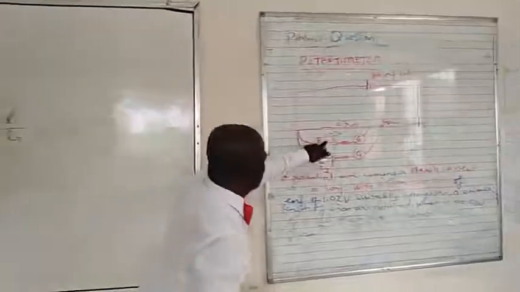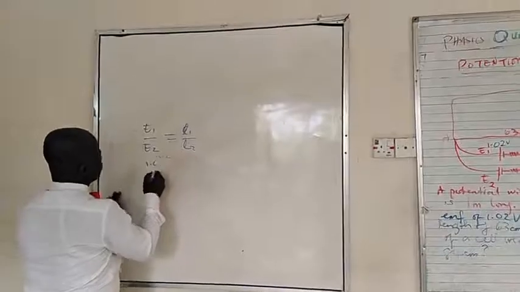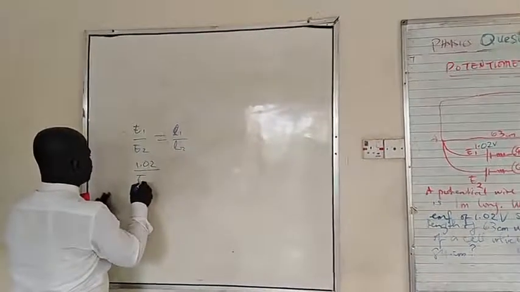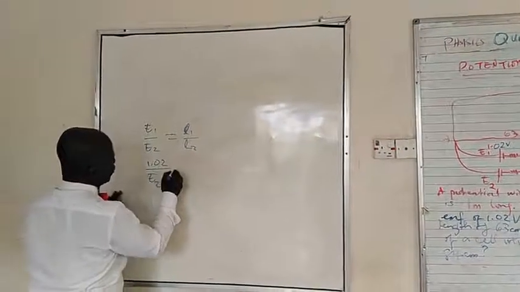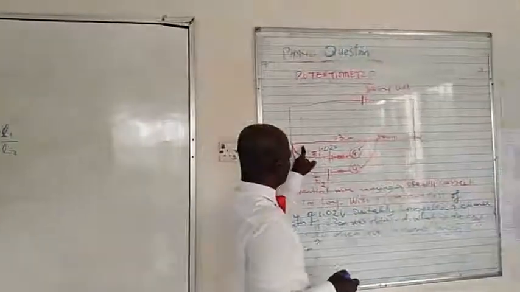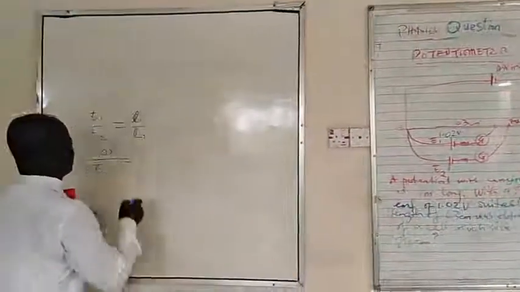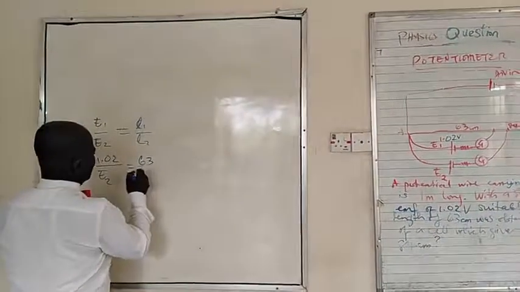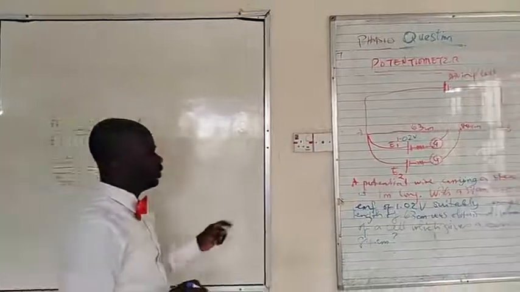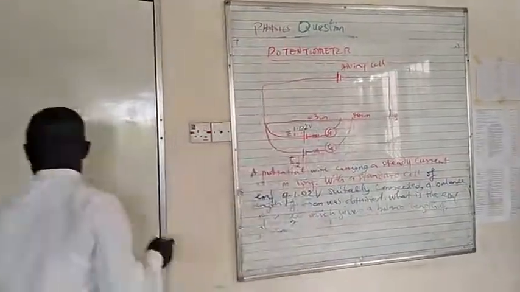Our E1 here is 1.02, and our E2 is unknown, which is what we are looking for. Now L1 from the board, the length for E1, is 63 centimeters, and L2 is that of cell 2, which is 84 centimeters.